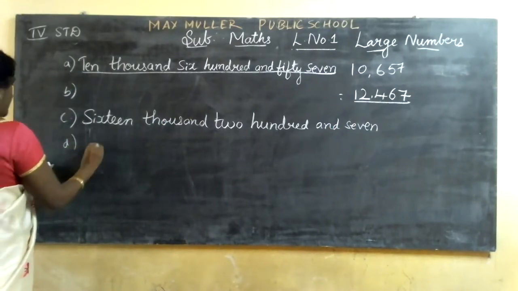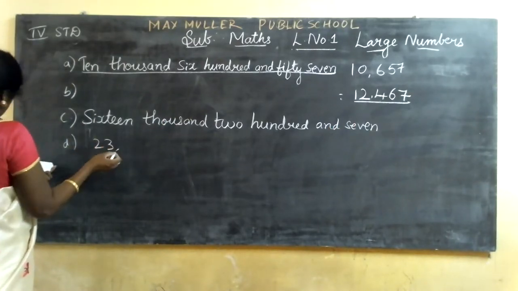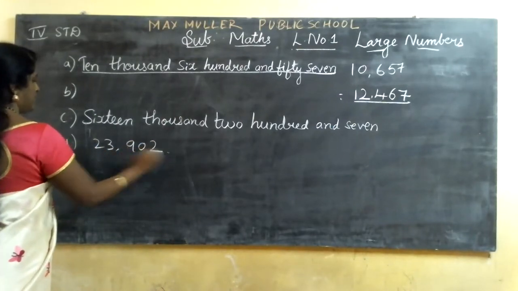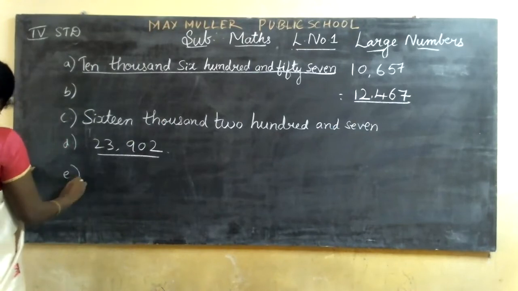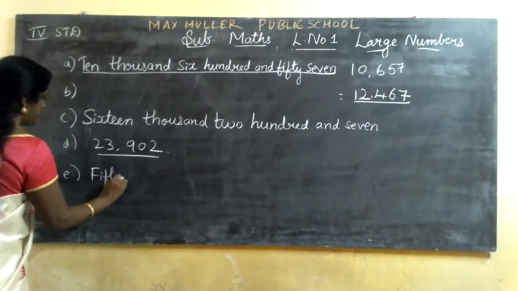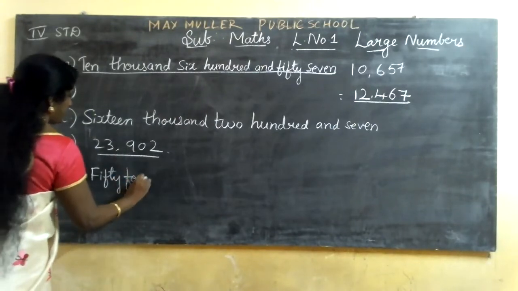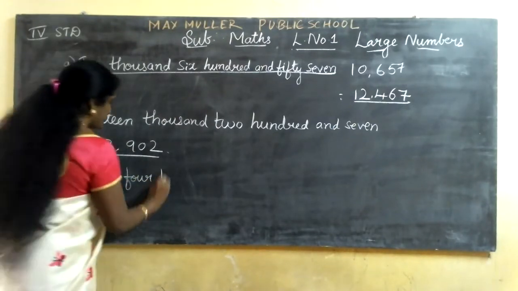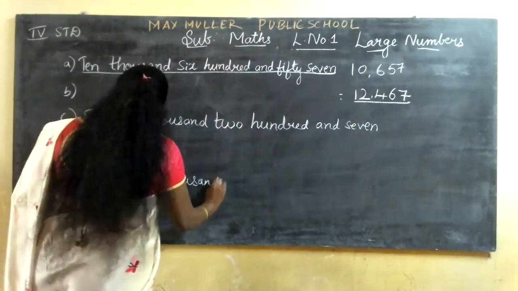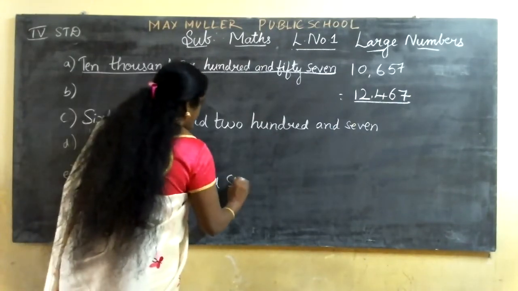D1, 23,000, comma, 902. E1, 54,000. 54,000. 617.